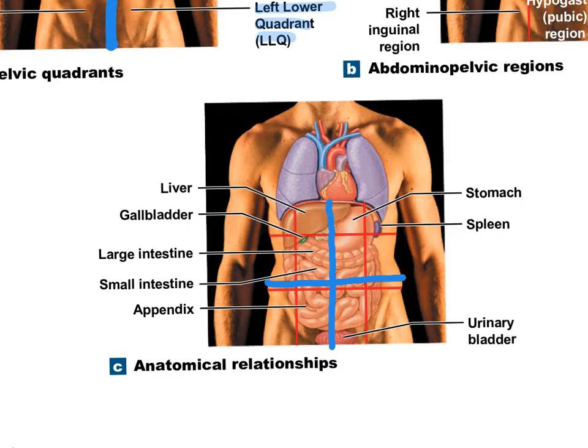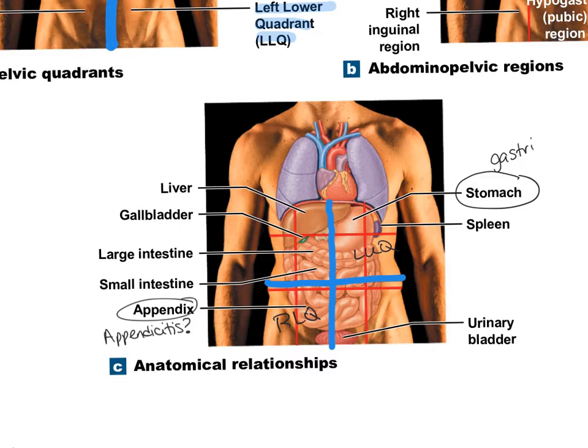So if a person has pain in their right lower quadrant, we might correctly look at the appendix, since the appendix is in the right lower quadrant. If a person is having pain in their left upper quadrant, it might be reasonable to assume that since the stomach is in that area, a patient might be suffering from gastritis.